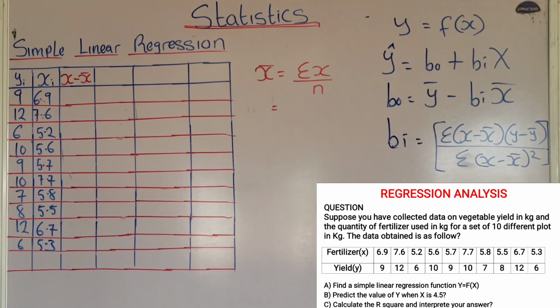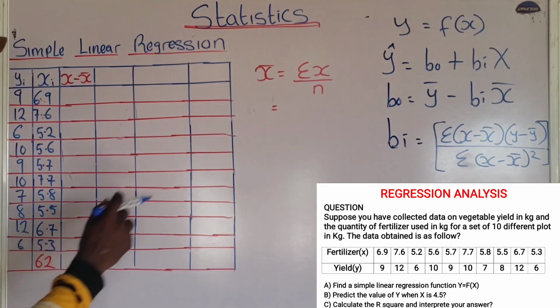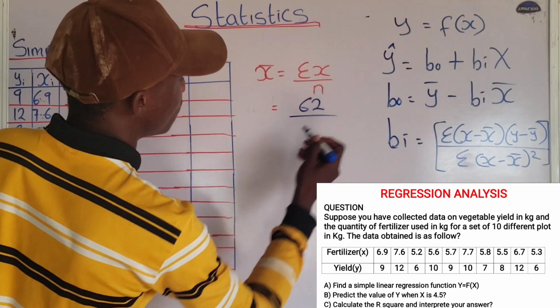The summation, please pay attention, the summation is 62. You understand? The summation of all the x that we have is 62. So I'm going to have 62 here. Now we can proceed. X bar is equal to summation x, and summation x is 62, all over n.